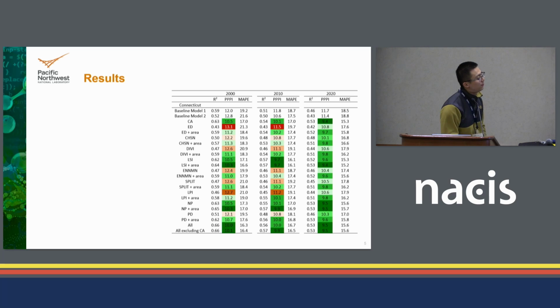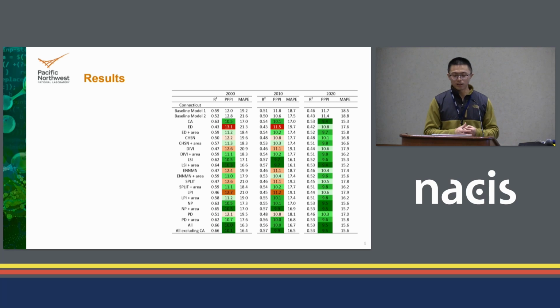And the final two rows use all the landscape metrics from this table in the random forest regression model, and the final row is all the landscape metrics excluding the class area, because the CA, the class area, directly correlates to the area information of each imperviousness category.